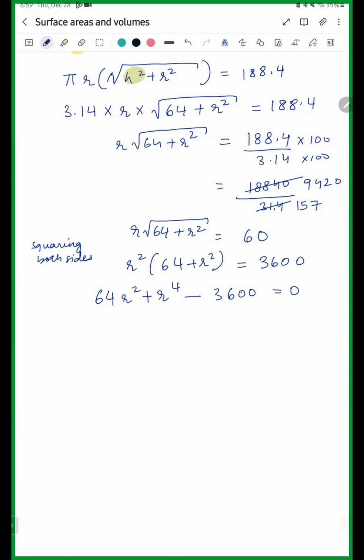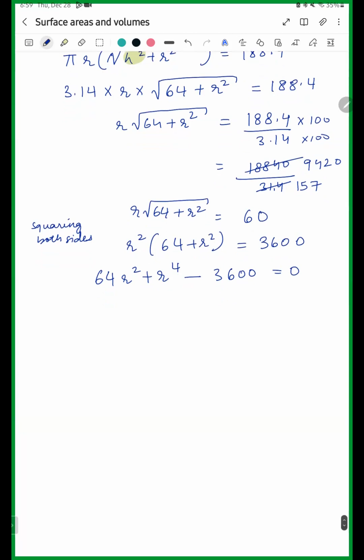Okay. I'm just rearranging the terms. R to the power 4 plus 64 r square minus 3600 is equal to 0. Now treat r square as a variable, say t.